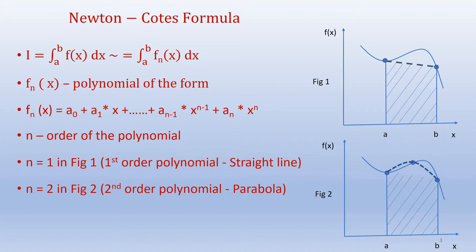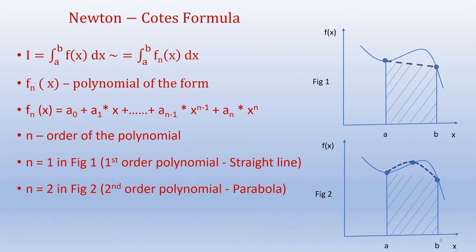So I equals integral a to b fn of x dx, and fn of x is equal to a0 plus a1 times x plus a2 times x squared plus up to an minus 1 times x power n minus 1 plus an times x power n.